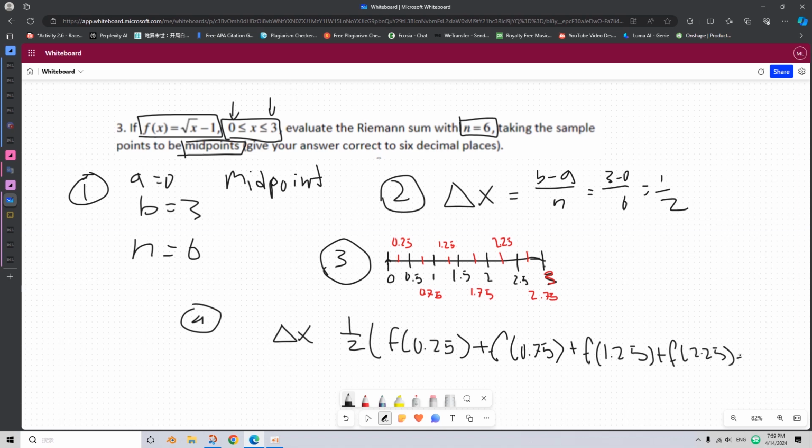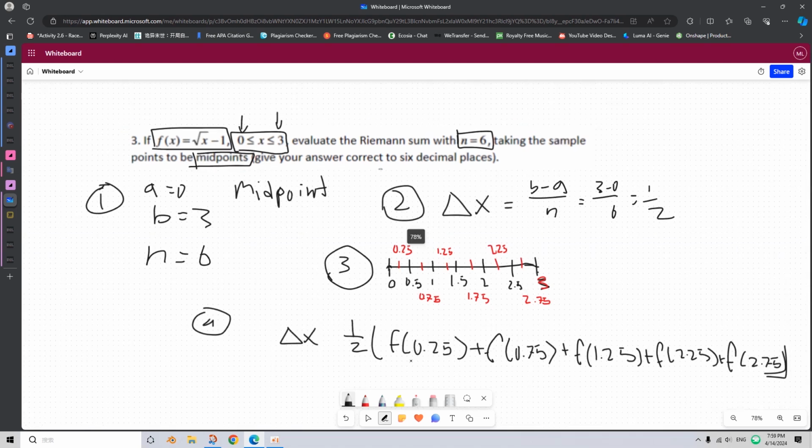Oh, another one, so plus f of 2.75, and then we plug it here.